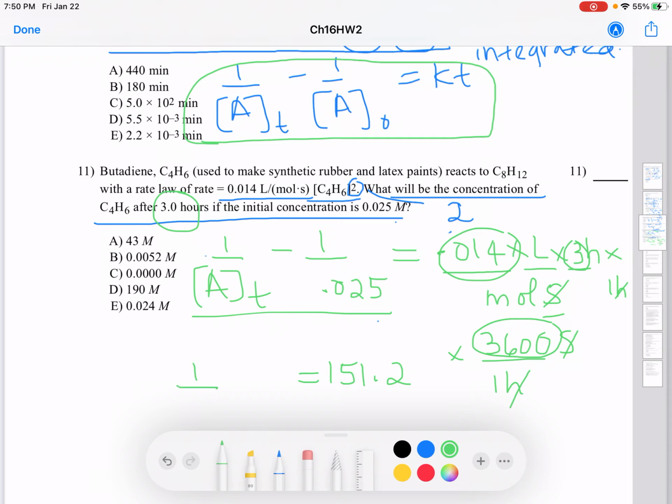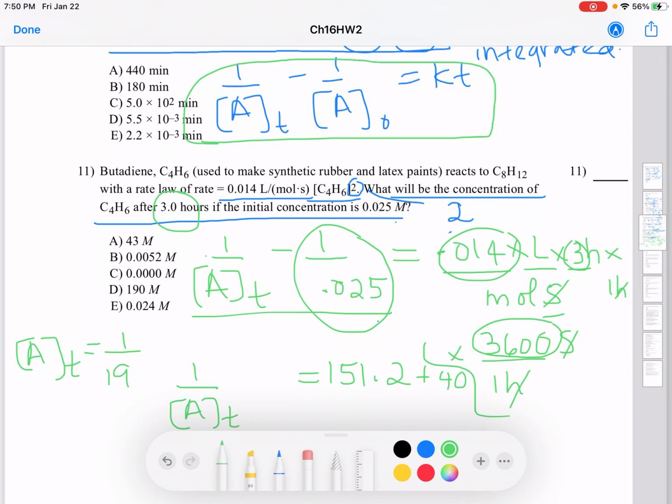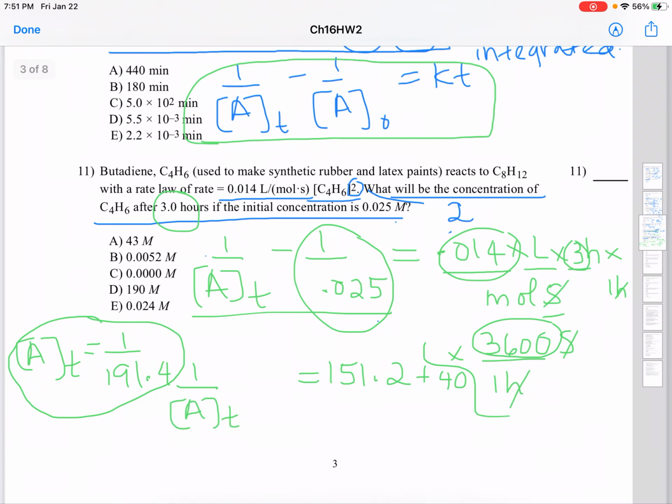So 1 over At: 1 over 0.025 is 40, so plus 40, 191.2. Then the concentration of A is going to be 1 over 191.2. So find the answer for this one. Yeah, that's for number 11.